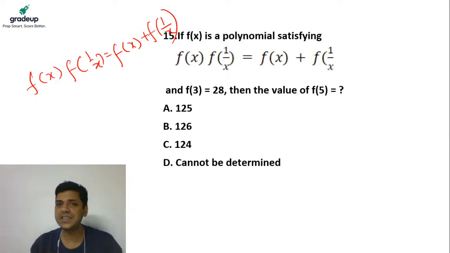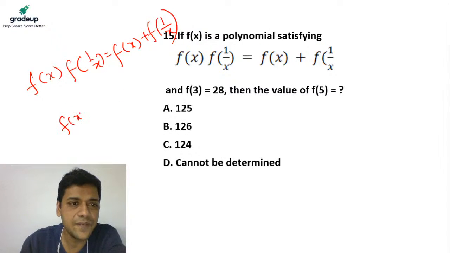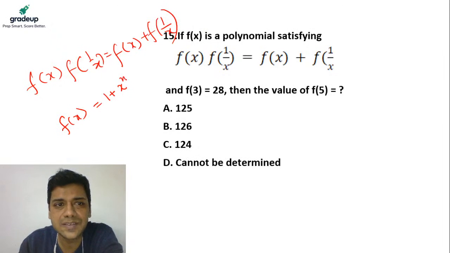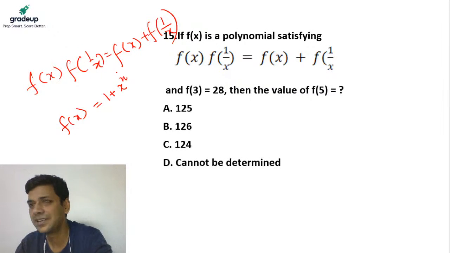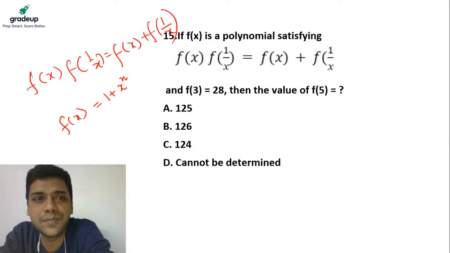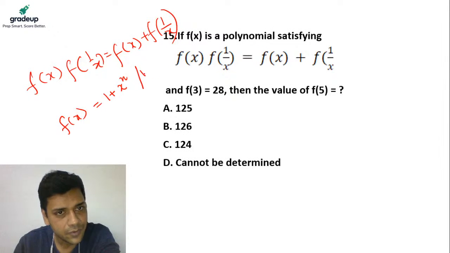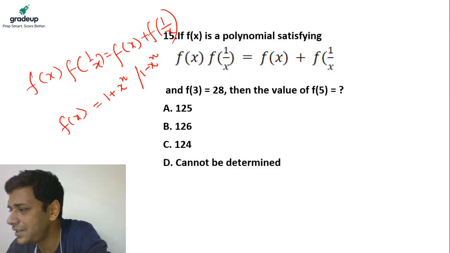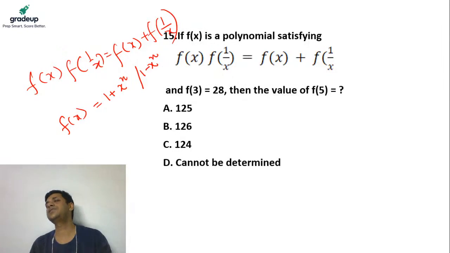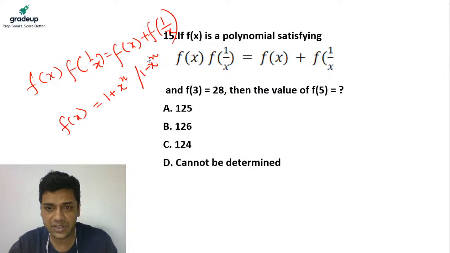As a rule, just remember this is possible if and only if your f(x) is 1 plus x raised to power some natural number, or 1 minus x raised to power some natural number. This is possible only in these two scenarios. Other than these two scenarios, this equation is not possible.